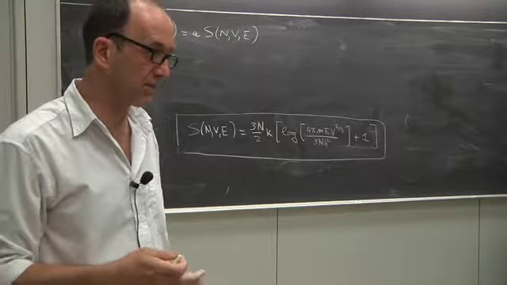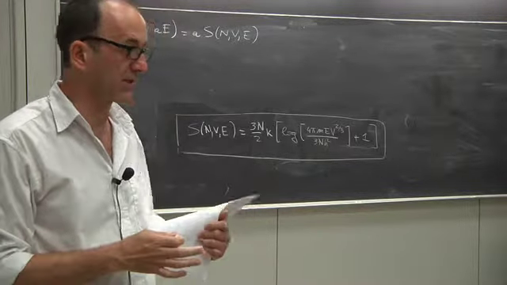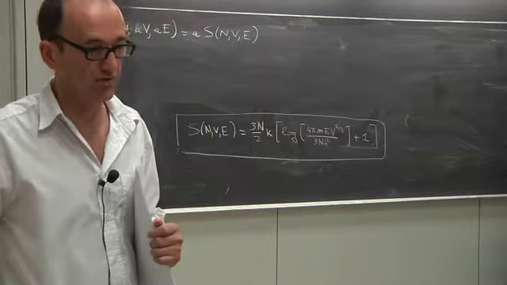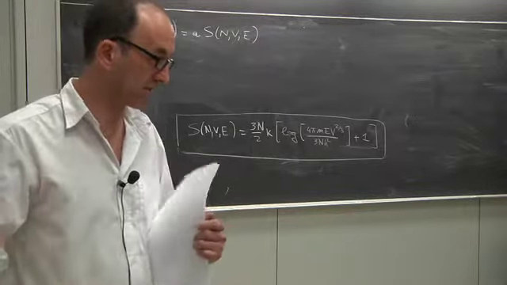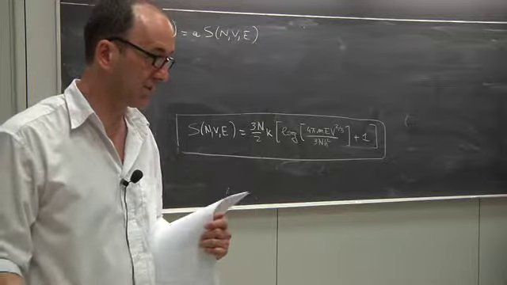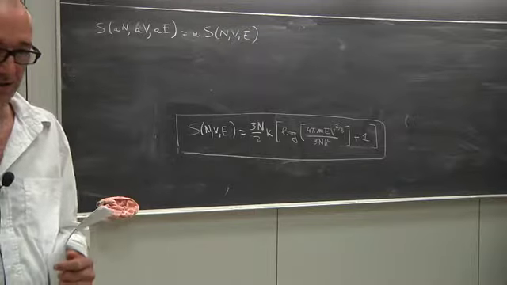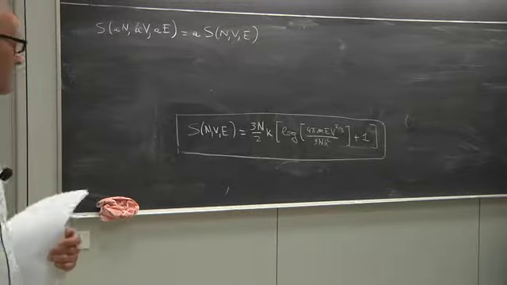Extensivity means that if you take a system which is A times bigger, so which has A times more particles and A times a bigger volume and A times the energy, then the entropy also should be A times bigger. This is extensivity, right?